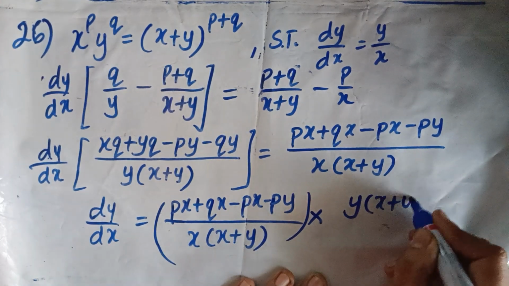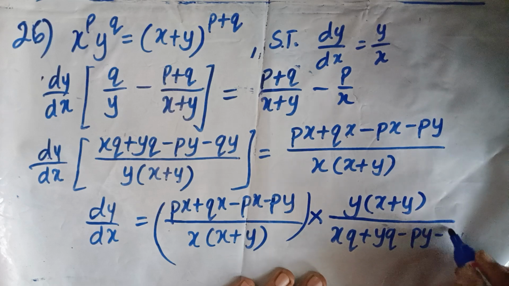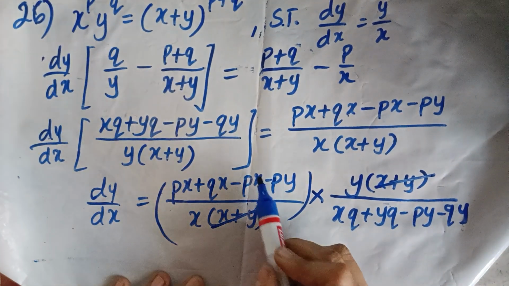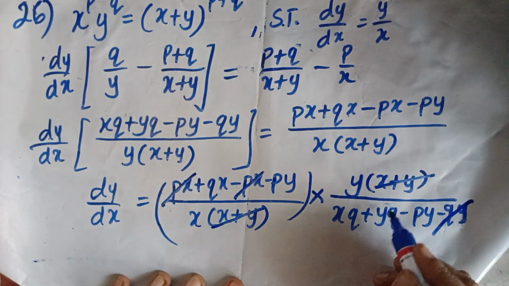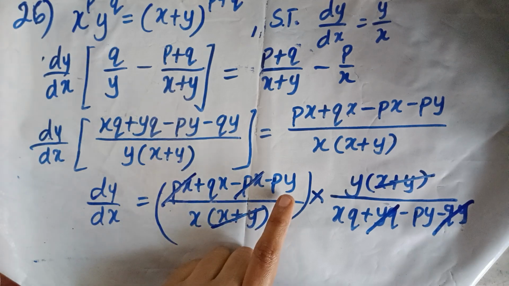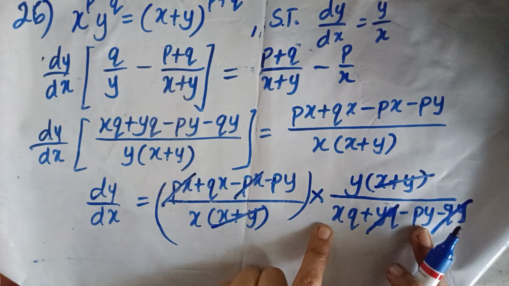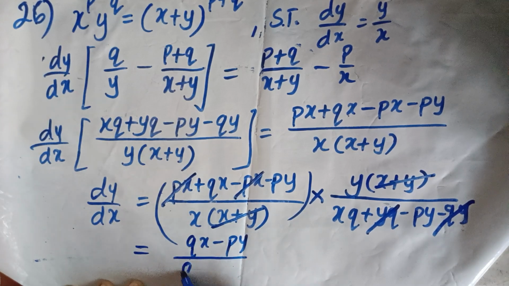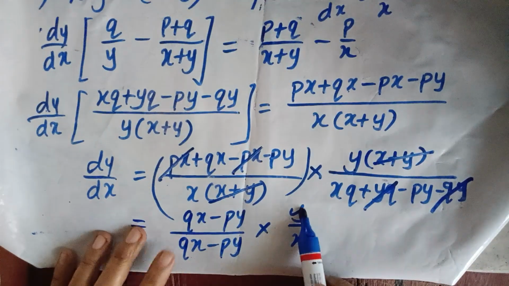So this gets cancelled. Here minus px plus px, qx minus py, and this is also qx minus py, and this y and x.